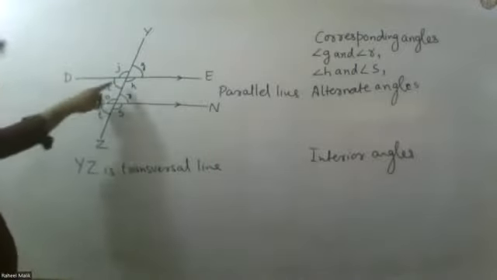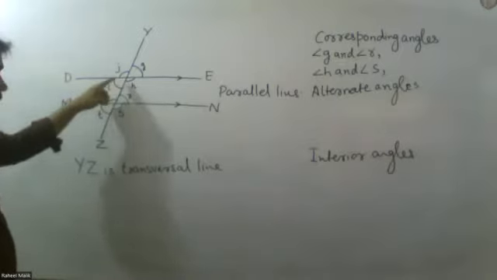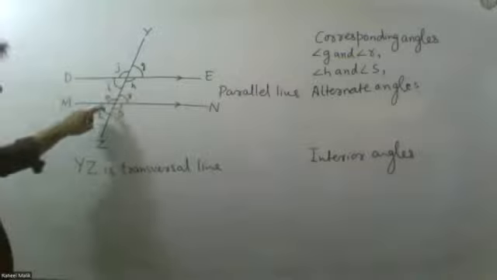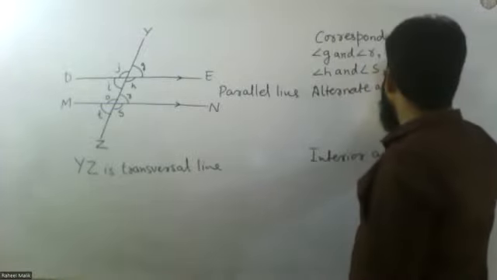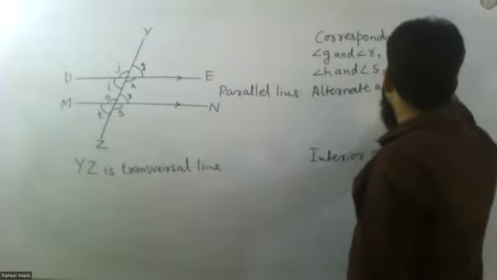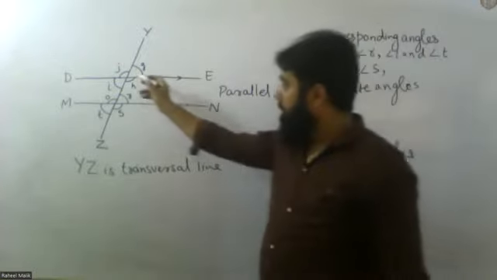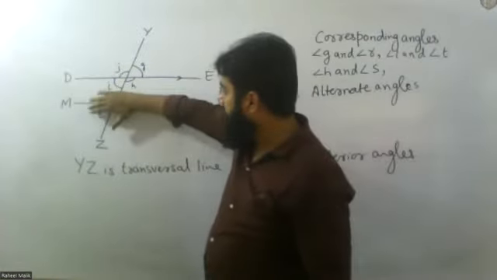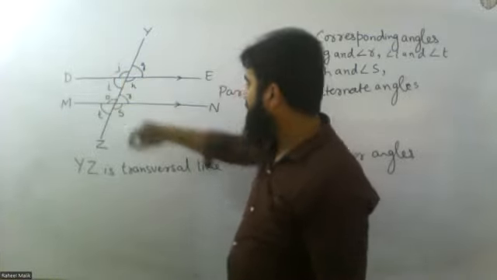Angle I toward the left bottom, and angle T toward the left bottom, are also going to be corresponding. If I look at this one, angle I is over here, and if I look at this one, angle T is over here.